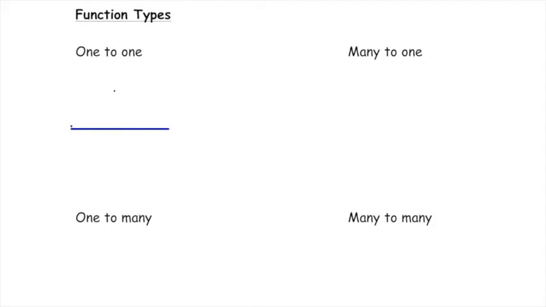So for a one-to-one function, that means for my values of x and y, if, for example, I had a straight line equation, so a linear function, this could be any linear. We know that it extends forever in both directions. So this is my axis with my x and my y.